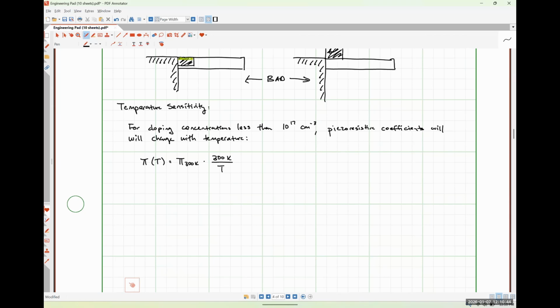Unfortunately, the resistivity of silicon is also dependent on temperature.